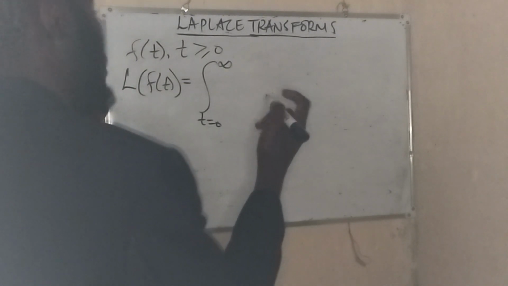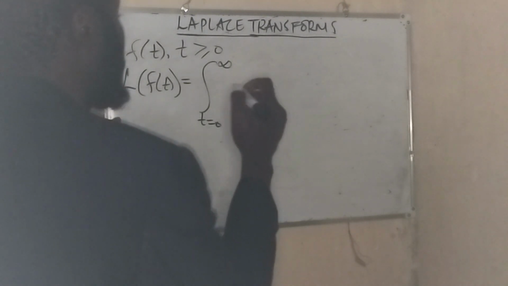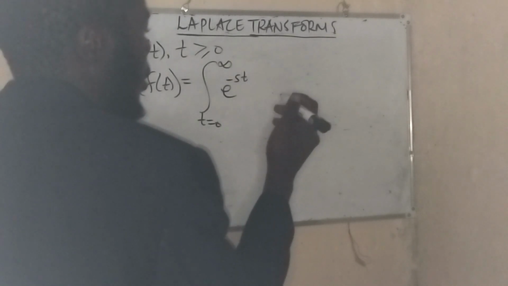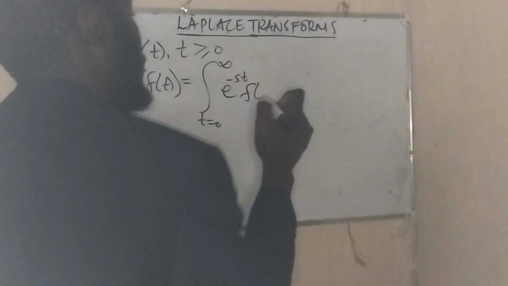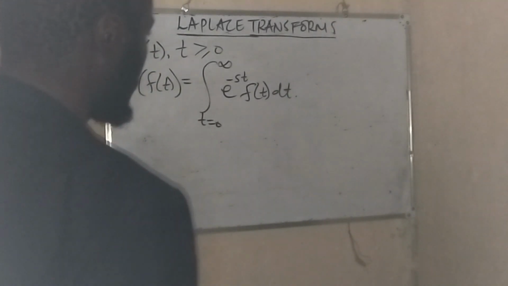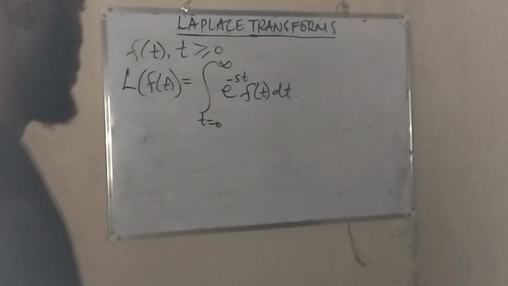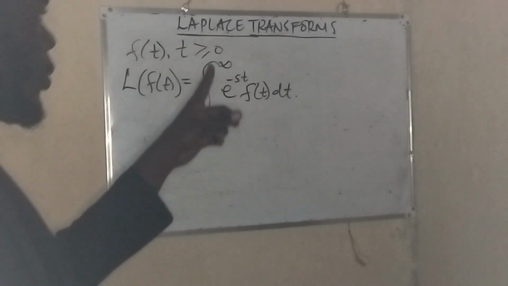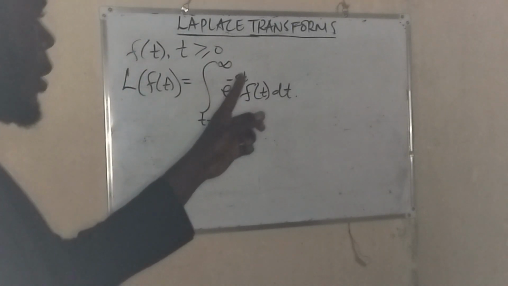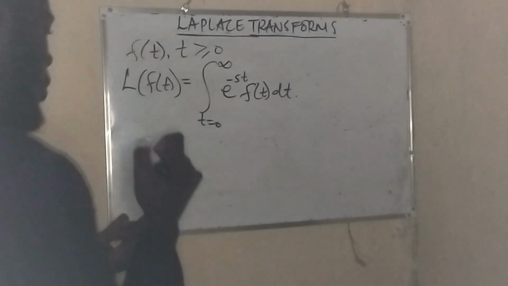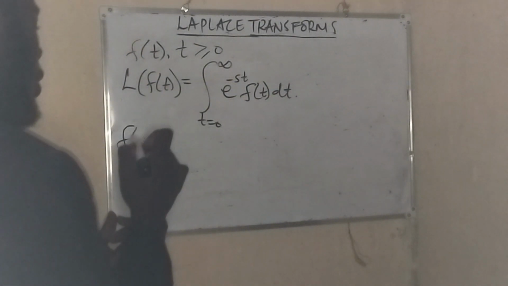So we have exponential negative st, and you have f of t dt, like that. So the Laplace transform of f of t is given by the integral from 0 to infinity of exponential negative st f of t dt.